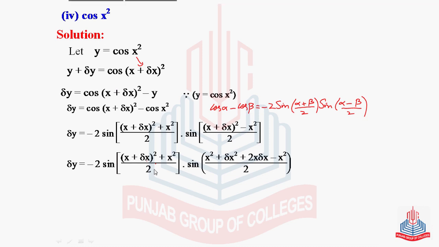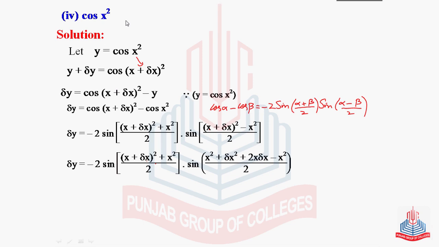But when we apply limit delta x here, this will become 0, and we have only x square minus x square, which will be cancelled out, and this will become 0. So sine 0 will be 0, and this 0 will multiply to this one and become a 0. So actually this will show the derivative of cos of x square will become 0.